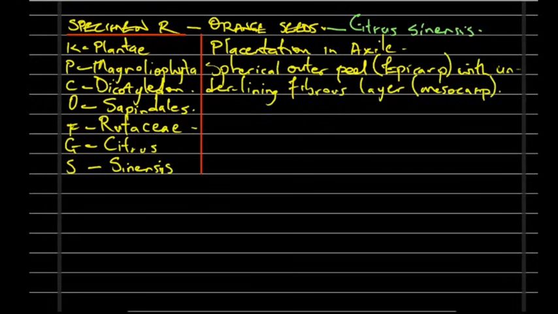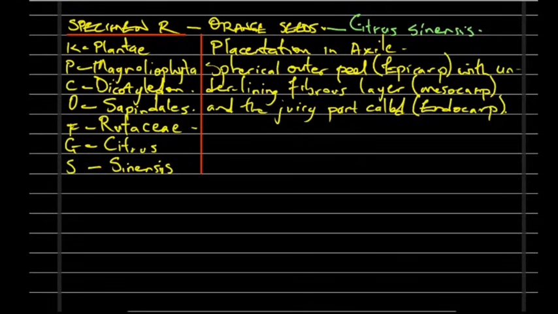So these are very important parts of the orange fruit, and then it has the juicy part called the endocarp. And the juicy parts, called the endocarp. So these are very important parts of the orange fruit.